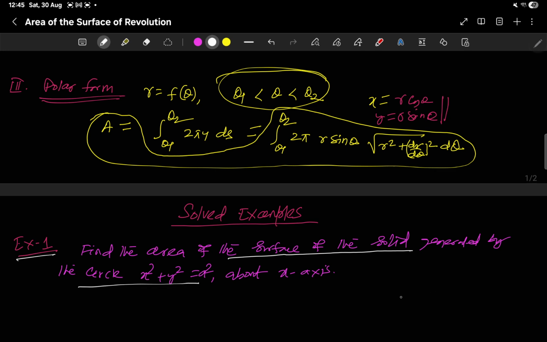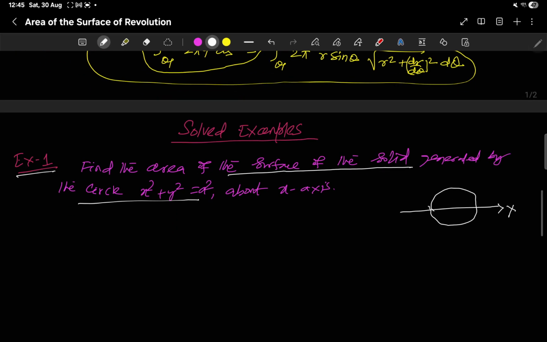We have a circle. If we rotate the circle about the x-axis, this will lead to a sphere. So what is the surface area of a sphere? It is 4 pi a square, as you know from school geometry, and we have to find it.